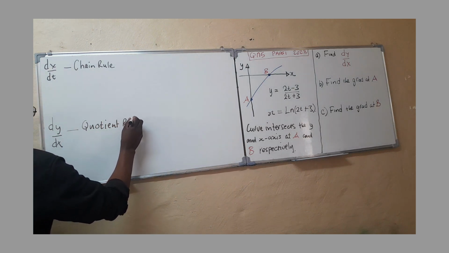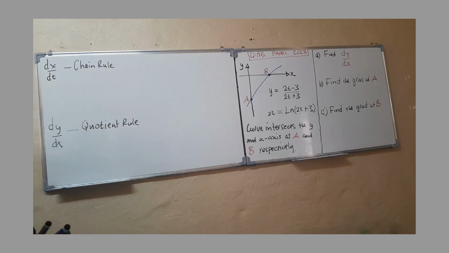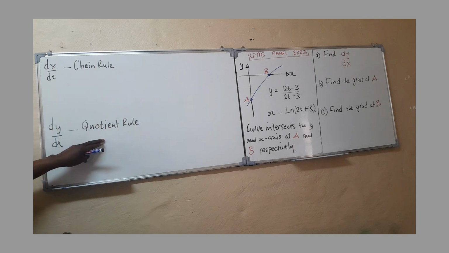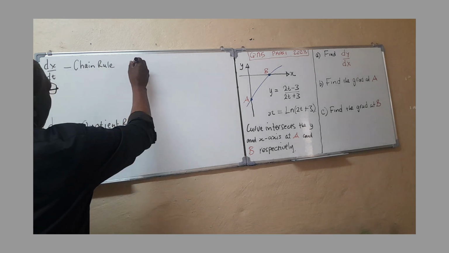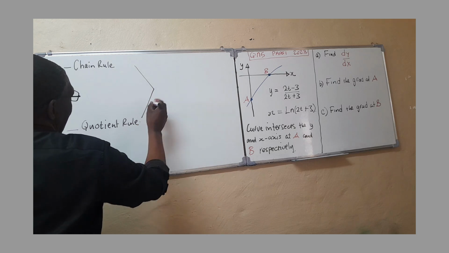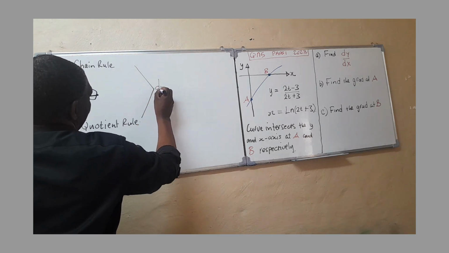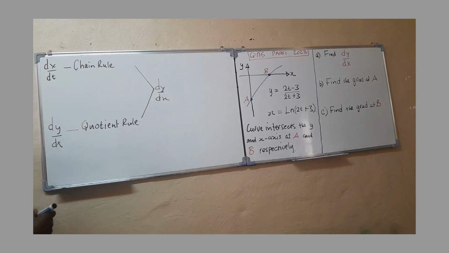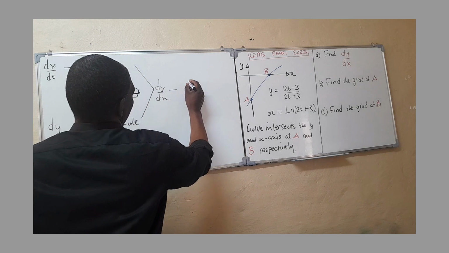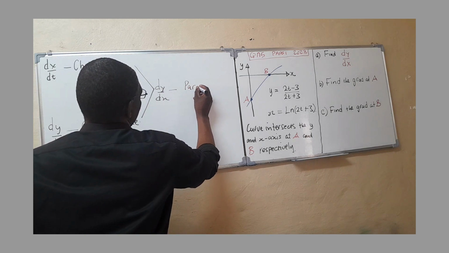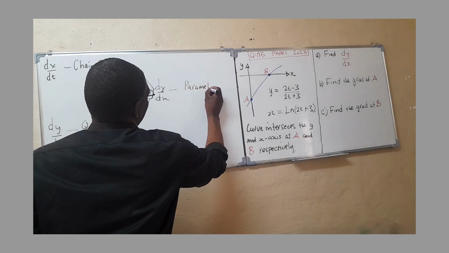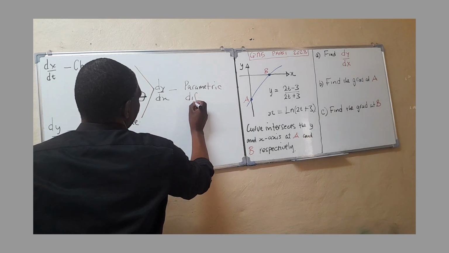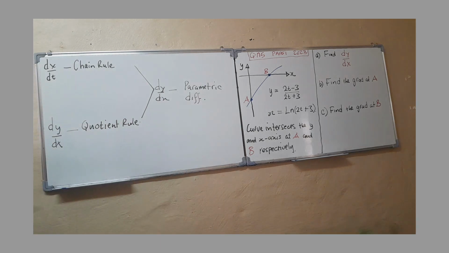Now, when we have found our dx/dt and our dy/dt, we then combine those two results to get our dy/dx. How do we get our dy/dx? We use parametric differentiation. I'll just write diff for short.